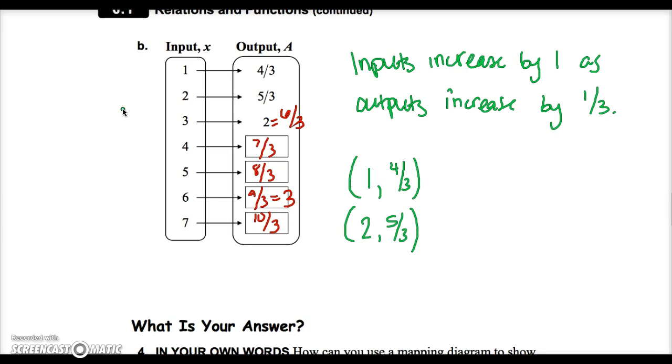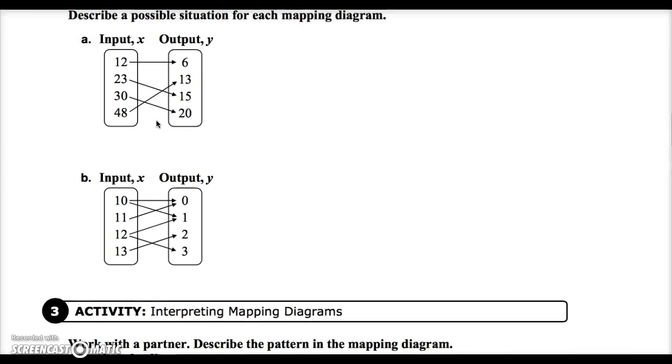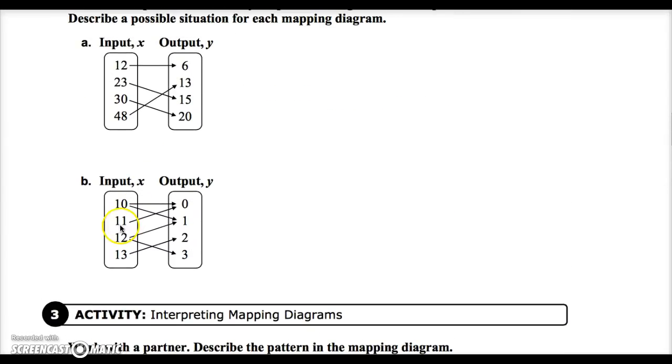Okay? Now, if we go back to the previous page, on page 122, and I'm going to look at part B right here. You could still do it even though some inputs have multiple outputs. You just have to write those twice.